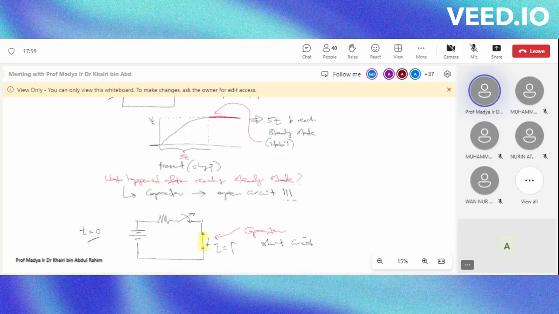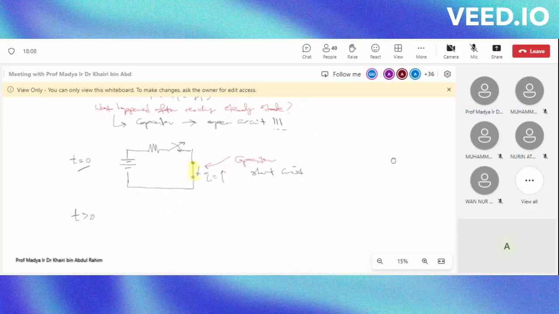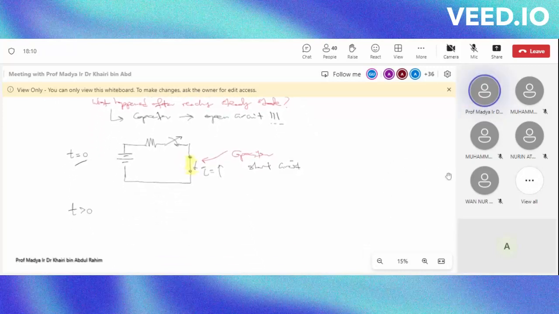At t greater than 0, okay, but less than 5 tau, what will happen? So this is the switch, okay, and this is capacitor, right?